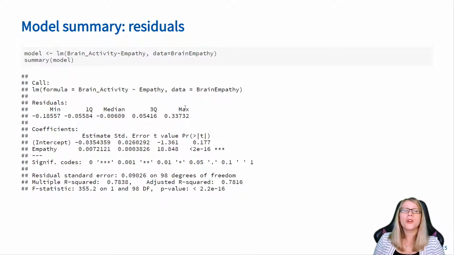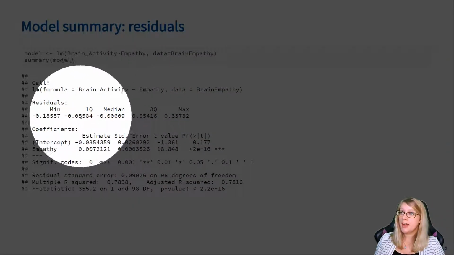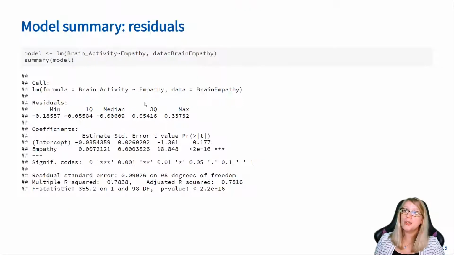If the residuals are normally distributed, the quantiles should be similar as well because the normal distribution is symmetric. So the absolute value of the first quartile, here written as 1Q, should be similar to the absolute value of the third quartile, here written as 3Q. So those are the kinds of things that we look at in the residual table to check to see if our model fit is reasonable.